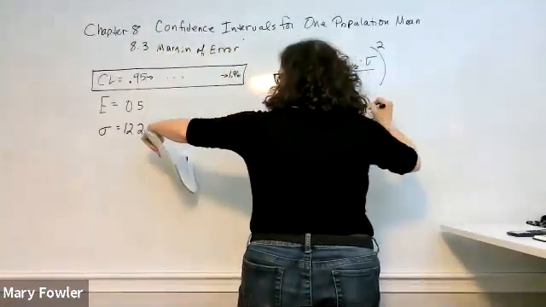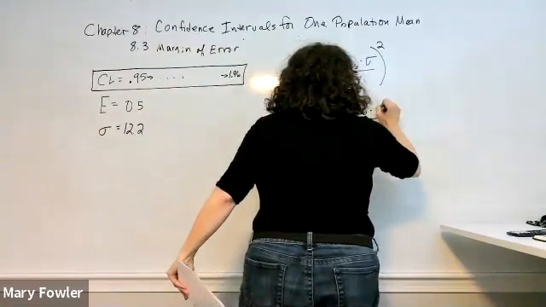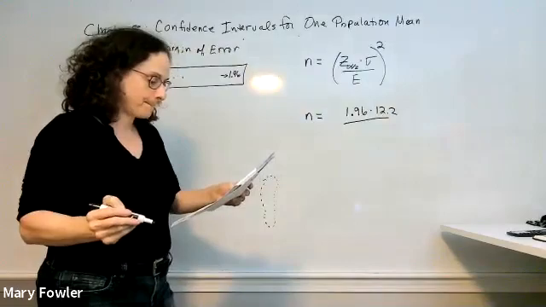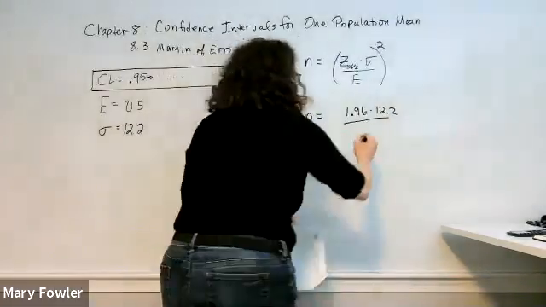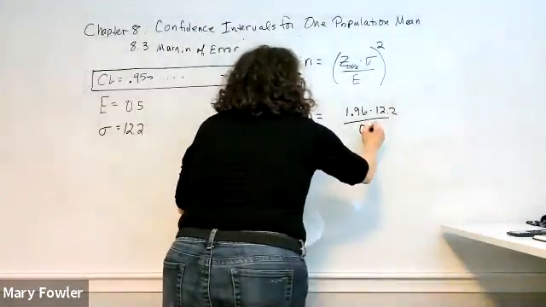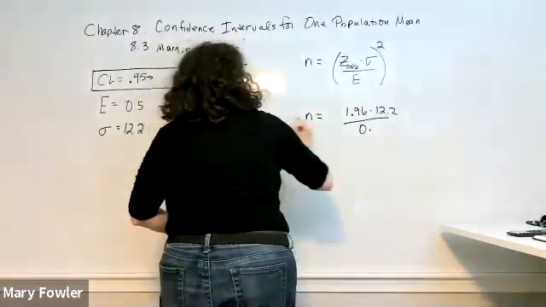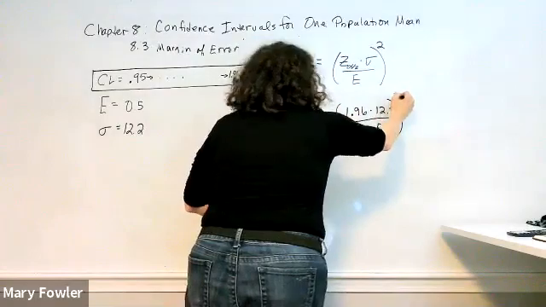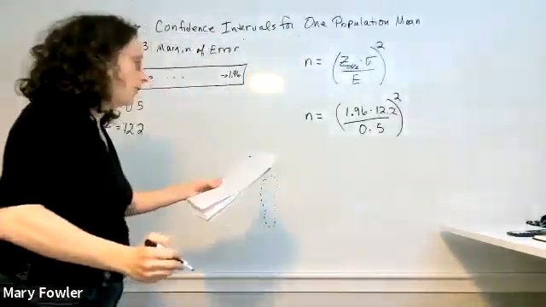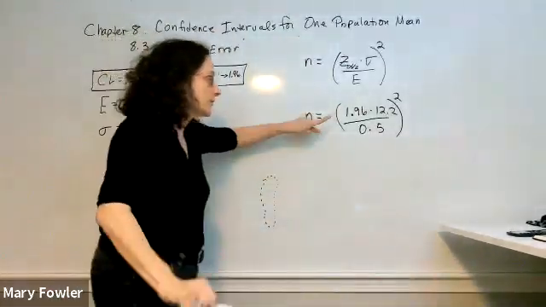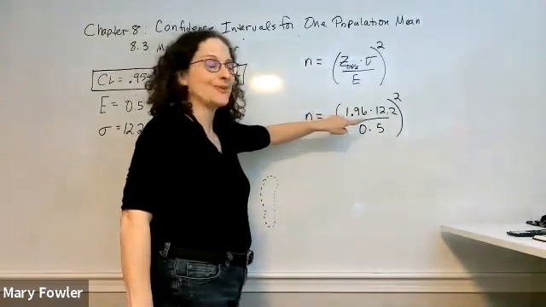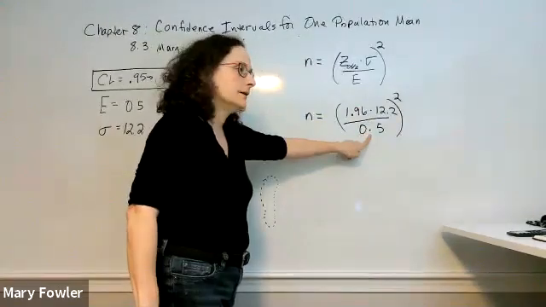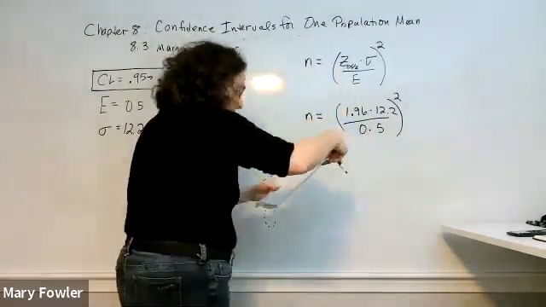Sigma is 12.2. And the allowed margin of error is 0.5. And then we're going to square that whole thing. Make sure you use your order of operations: do the multiplication in the numerator, divide by 0.5, and then square.